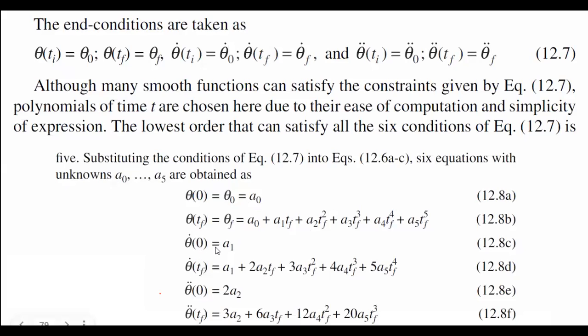Theta dot 0 is equal to a1, theta dot of tf is equal to a1 plus 2a2 tf plus 3a3 tf square plus 4a4 tf cube plus 5a5 tf raised to 4. Theta double dot of 0 is equal to 2a2, theta double dot of tf is equal to 2a2 plus 6a3 tf plus 12a4 tf square plus 20a5 tf cube.